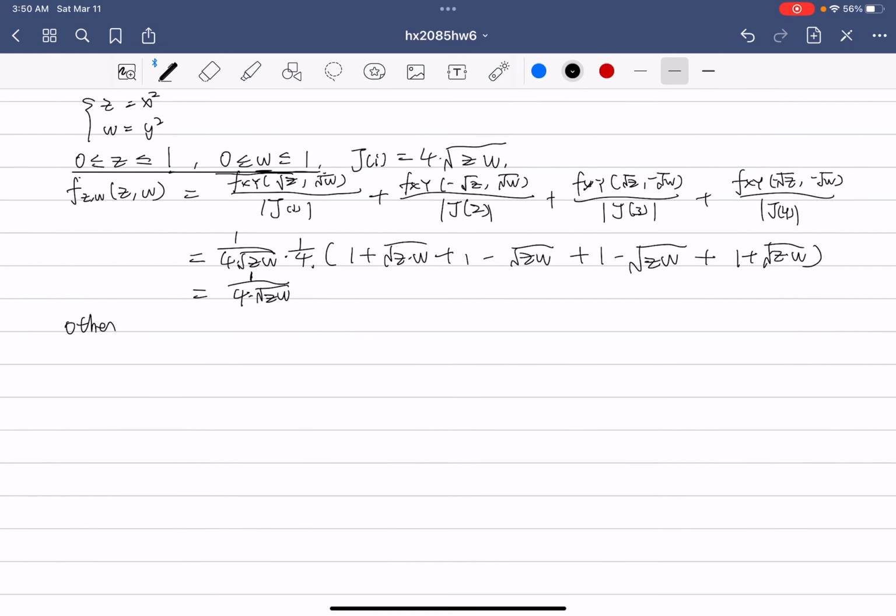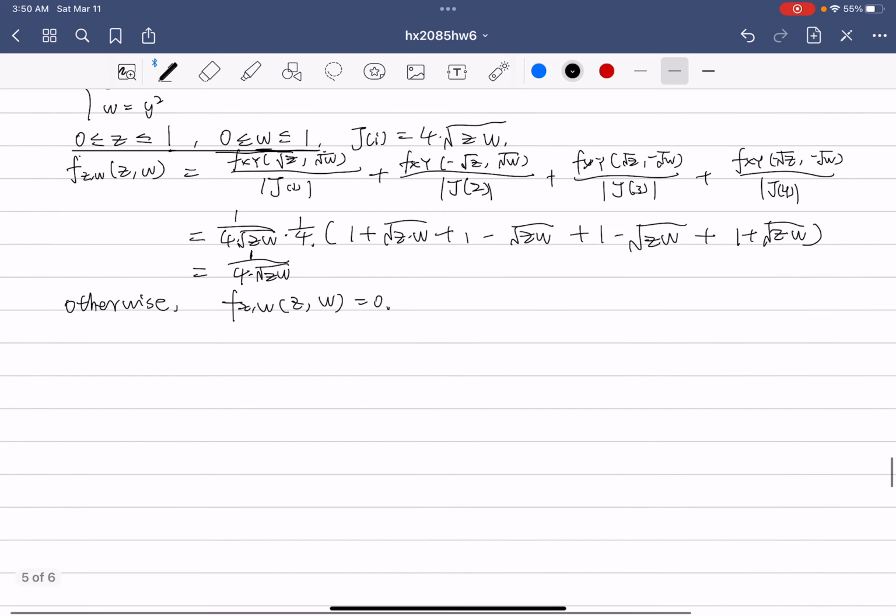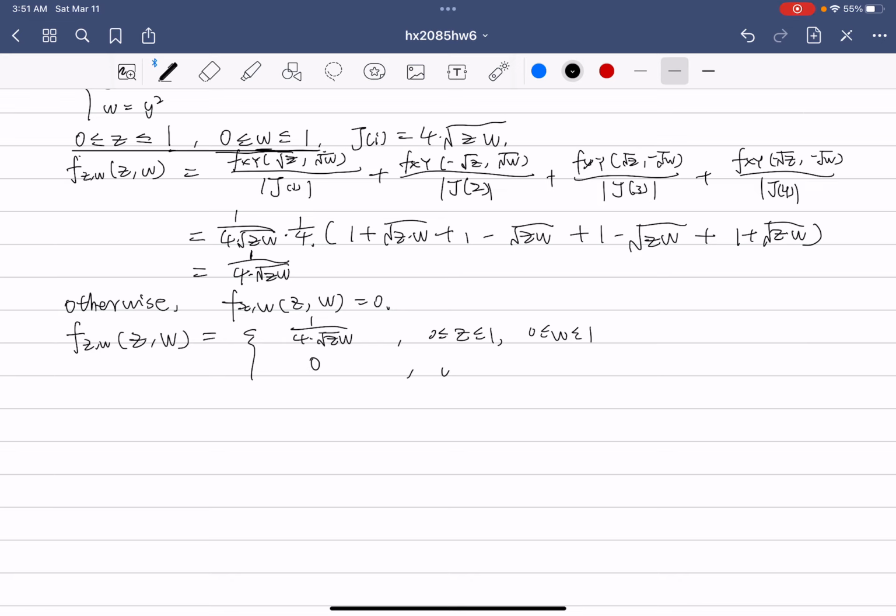Otherwise, the result will be 0. So now we have the joint density function of x squared and y squared, which is this on this range, and 0 otherwise.